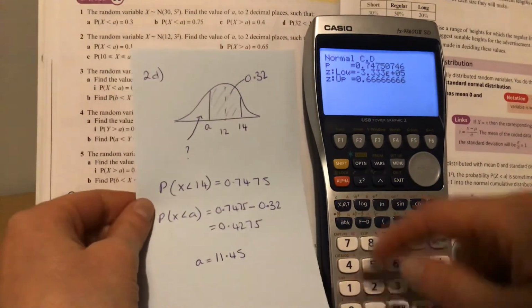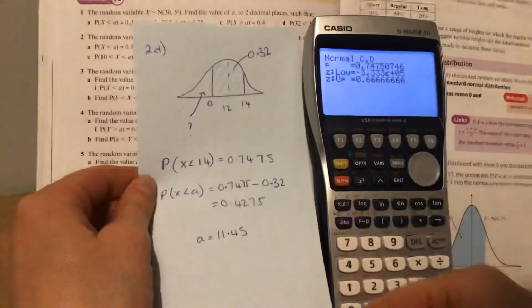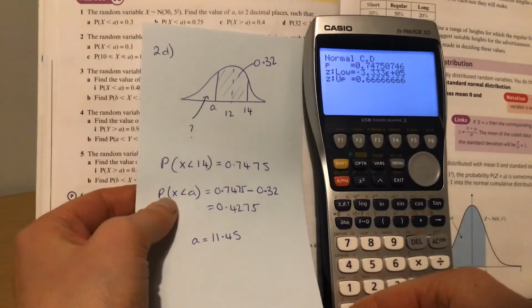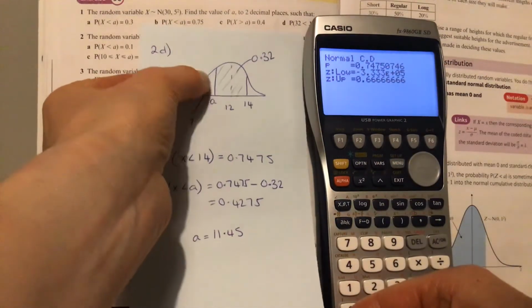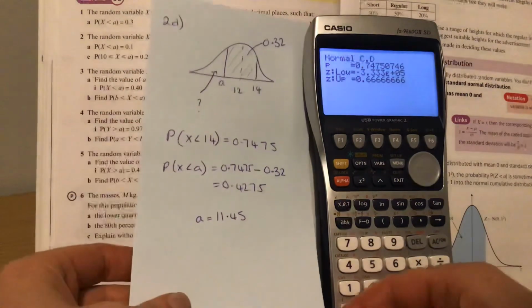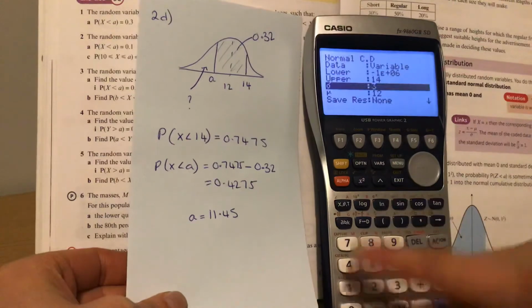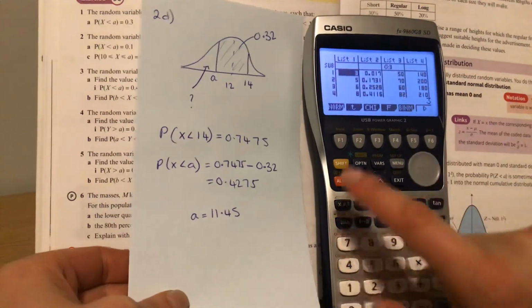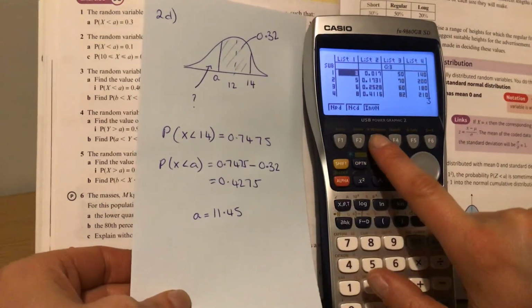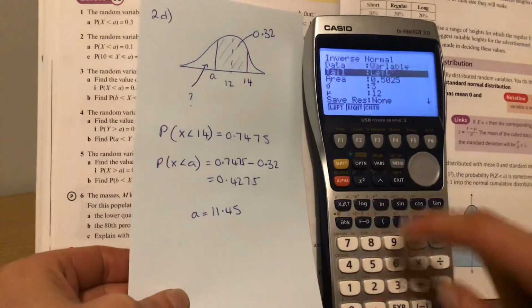If I subtract the 0.32, I now know the probability that x is less than a is this region here, which is 0.4275.